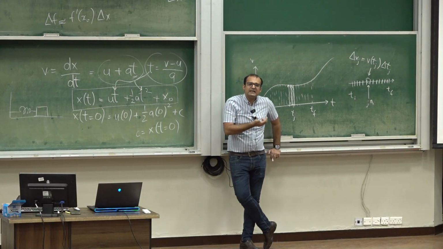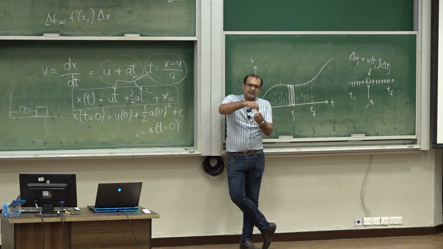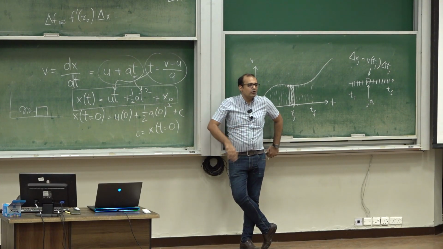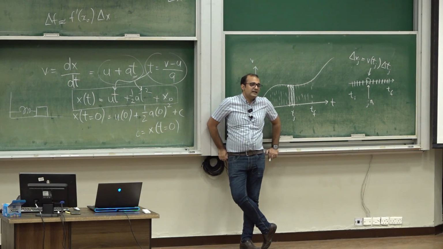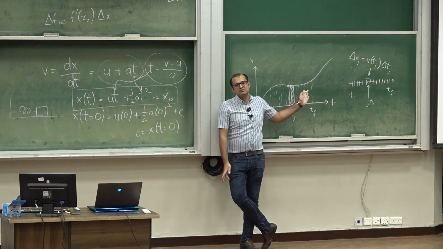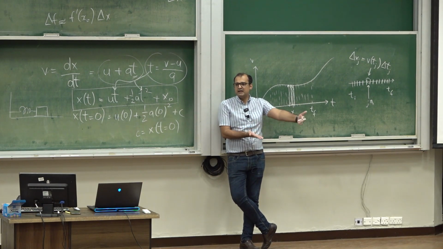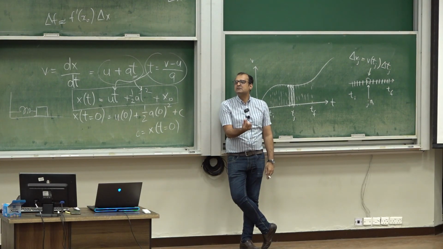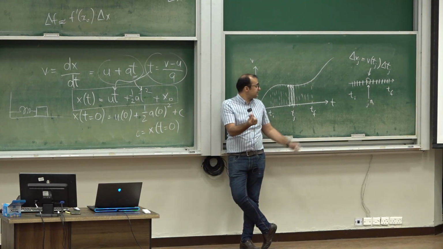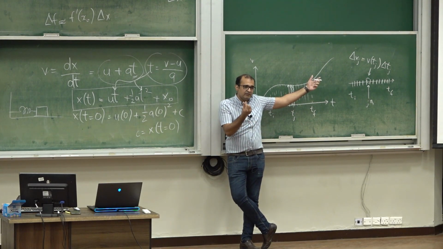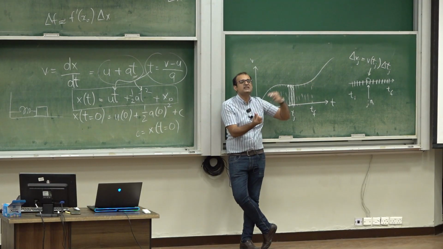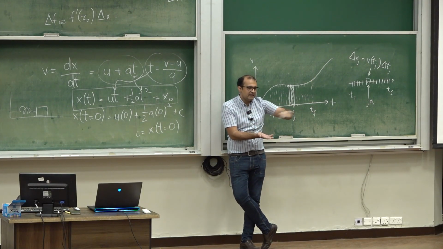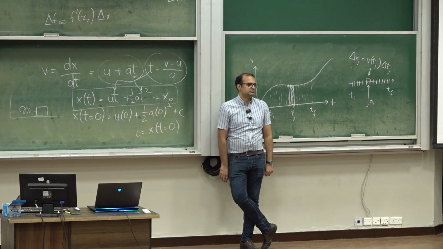But the smarter way would be to measure the height of each stair, and then add it all up. That's essentially what I'm doing over here. I've chopped up the big time interval into small slices, written down the distance traveled during each time slice, and then I'm going to add it all up.